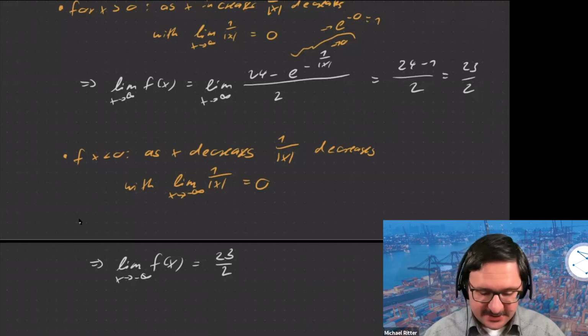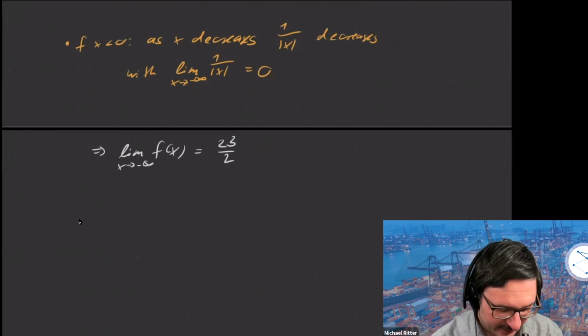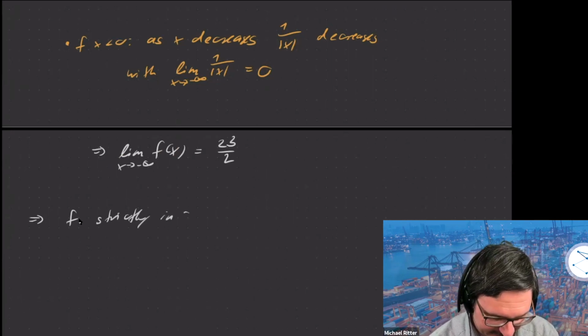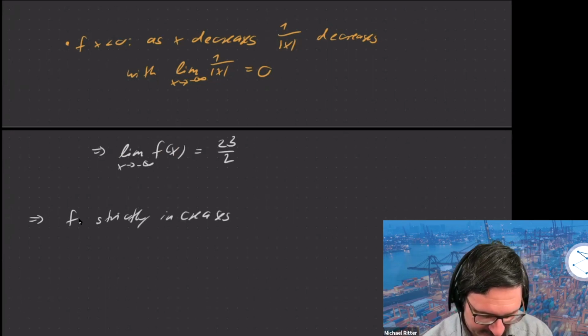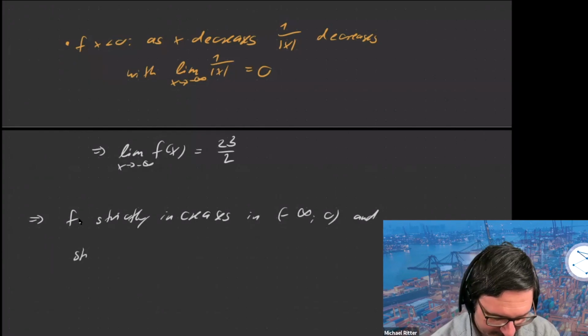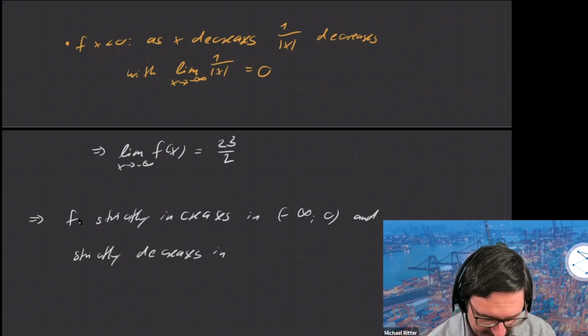And the function is strictly monotone in between. So what that means is f strictly increases in the interval from minus infinity to 0, and strictly decreases in 0 to infinity.